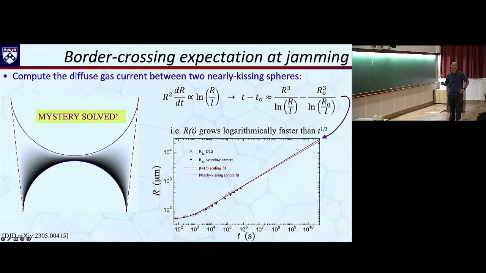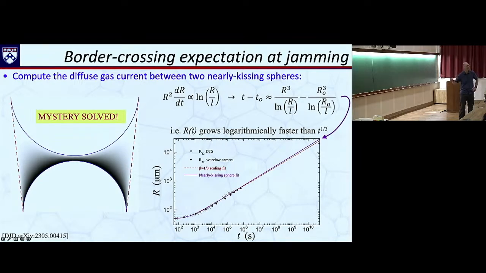Okay, and you can solve this. You can't invert it for radius versus time, but here's time versus radius. Look at this, there's a logarithmic correction to beta equals 1/3. A logarithmic correction.